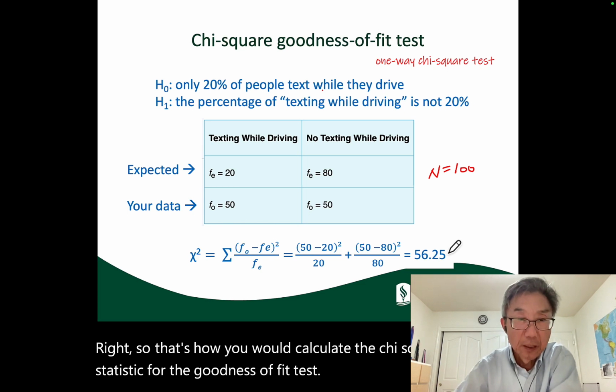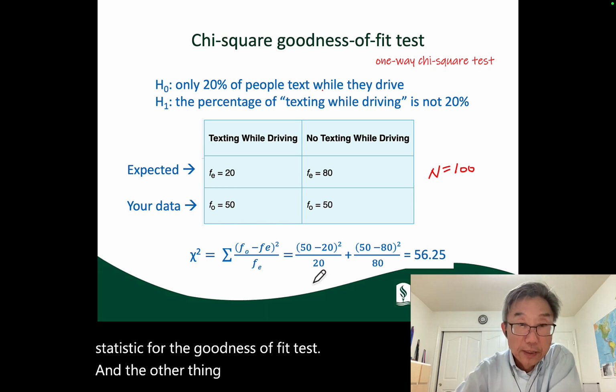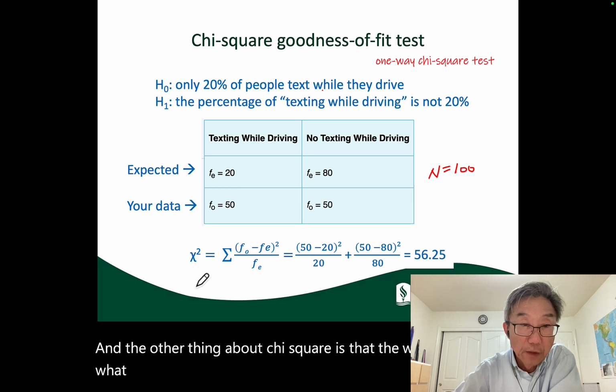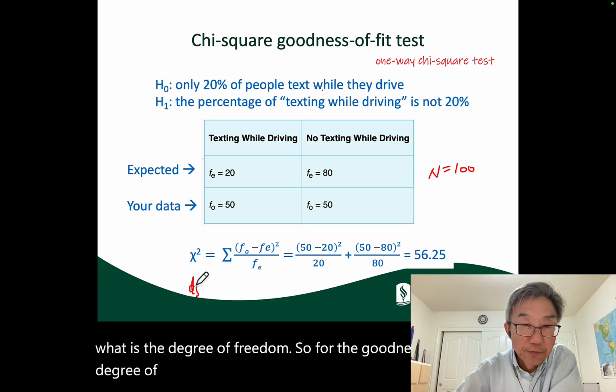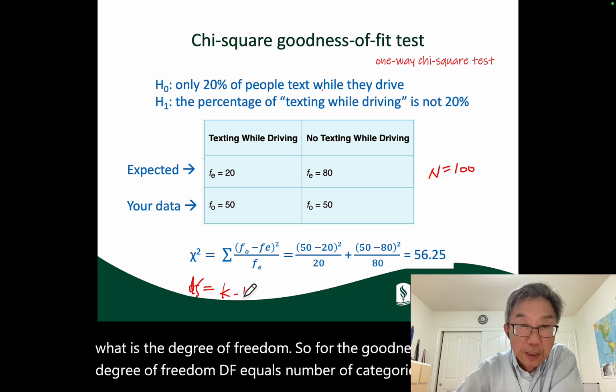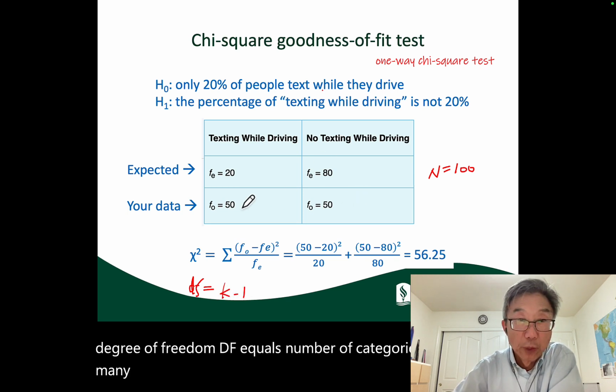And the other thing about chi-square is that we need to decide what is the degree of freedom. So for the goodness of fit test, degree of freedom, df, equals number of categories minus 1. So how many categories do we have? We have 2.